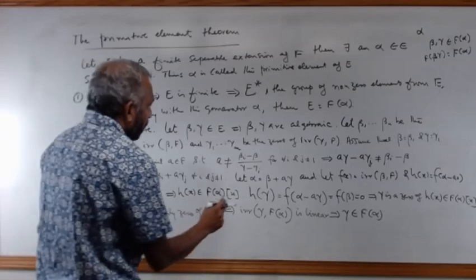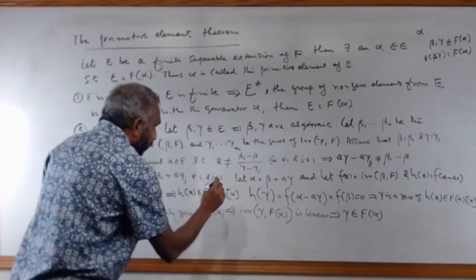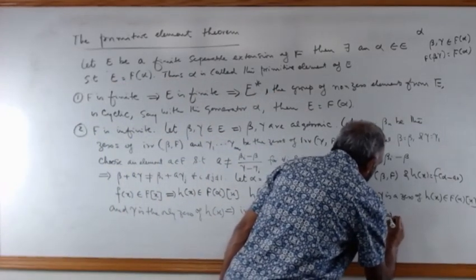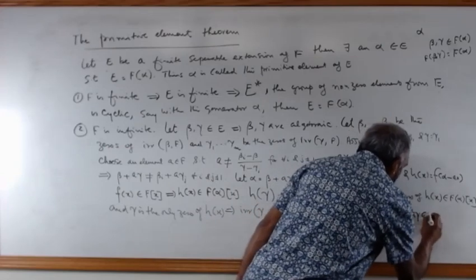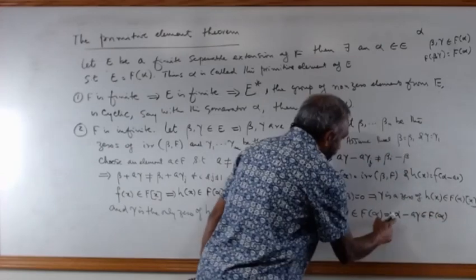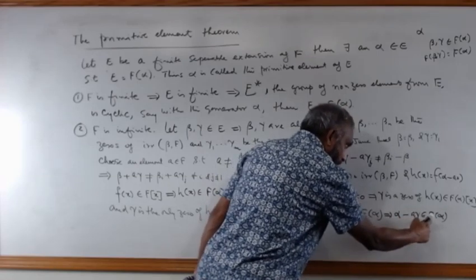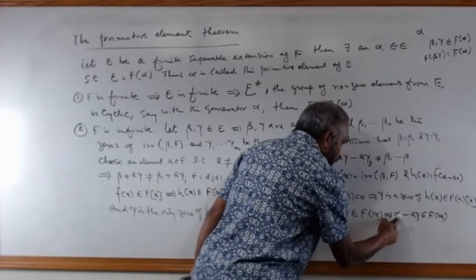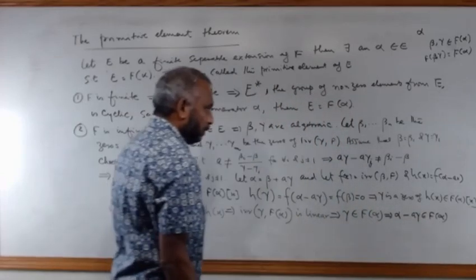But what is gamma? Gamma is actually, so this implies alpha minus a gamma belongs to f of alpha. Alpha definitely belongs to f of alpha. A is in f, gamma is already in f of alpha. So alpha minus a gamma belongs to f of alpha.